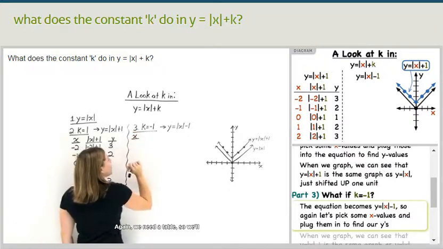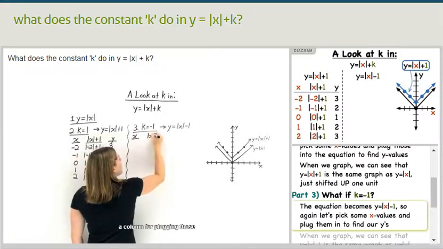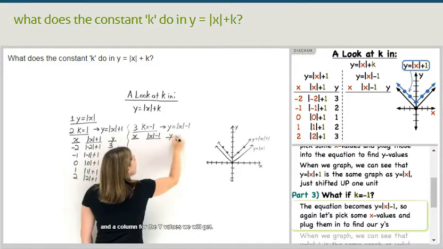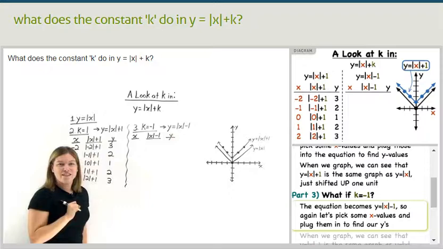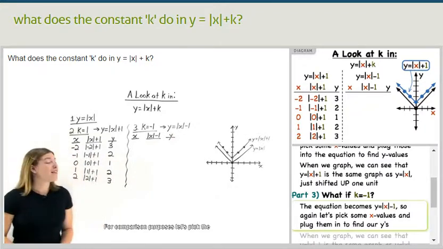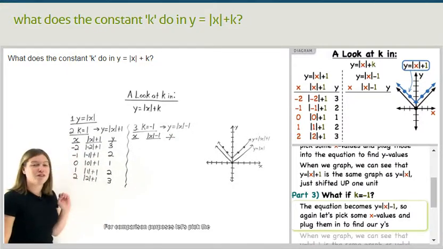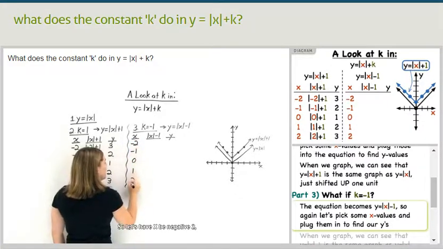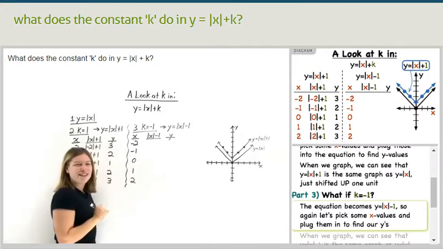So, we'll have a column for our x values, a column for plugging those x values into our equation, and a column for the y values we will get. For comparison purposes, let's pick the same x values we chose in this table. So let's have x be -2, -1, 0, 1, and 2. Perfect.